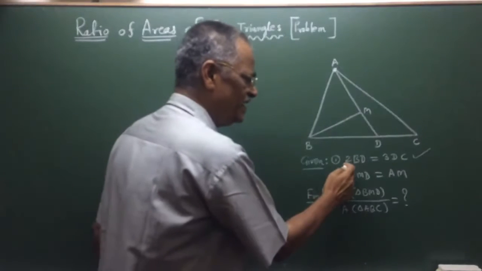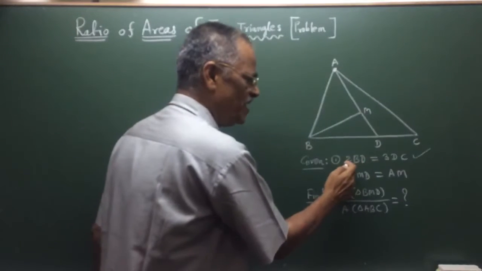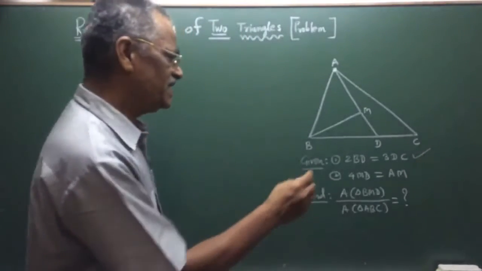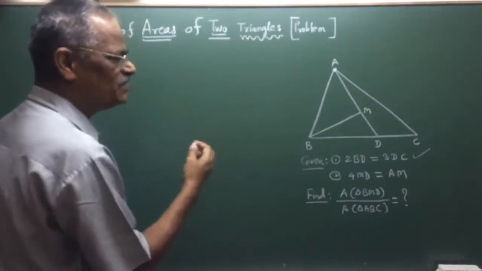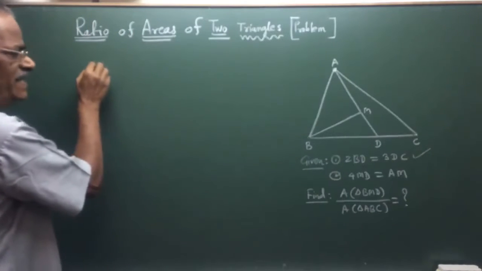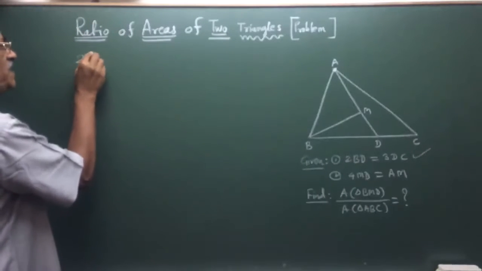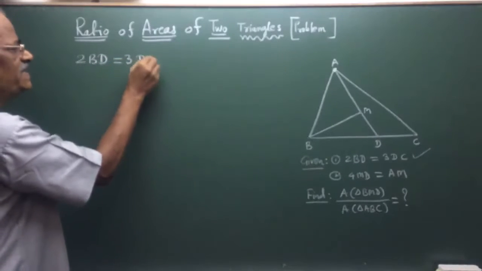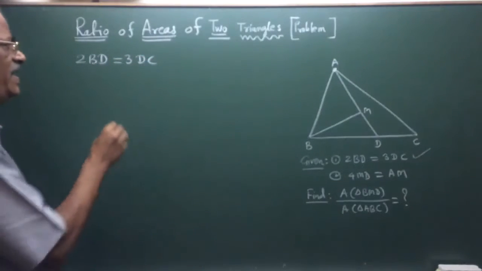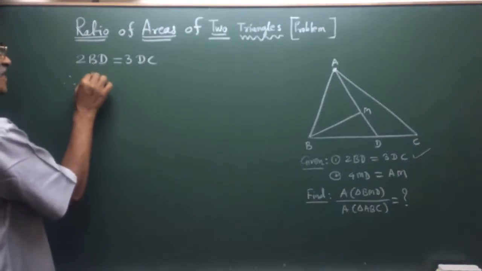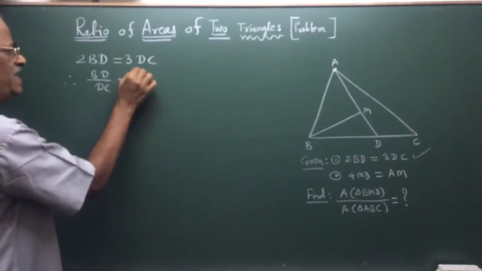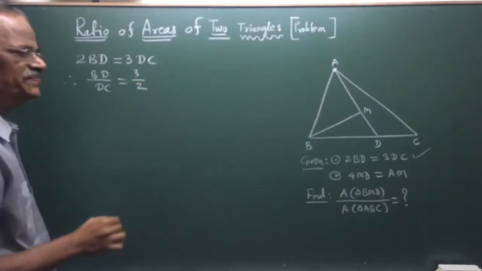Before that, twice BD and thrice DC is given. Let us see what the use of that is. Twice BD is equal to thrice DC. If we use that, we know that BD upon DC is equal to 3 upon 2.